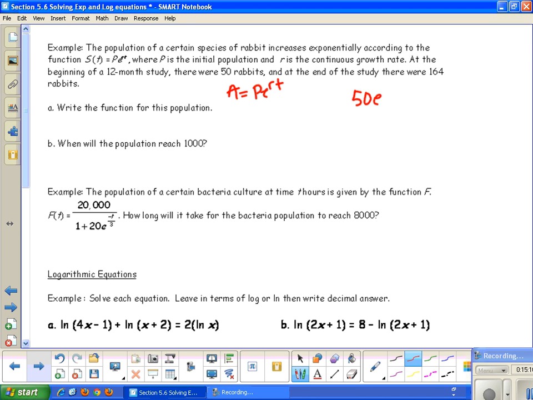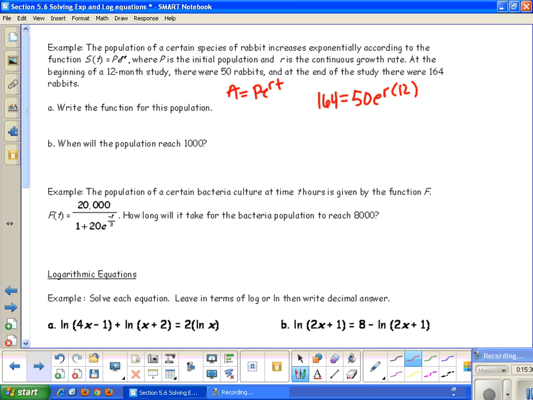And for this one, the only other thing it said is that at the beginning of a 12-month study, there were 50 rabbits. By the end of the study, there's 164. So I know that that's my amount. And my rate, we do not know. We have to solve for that. But I do know that time t, which is in months, is 12. So then I can go ahead and solve this equation.